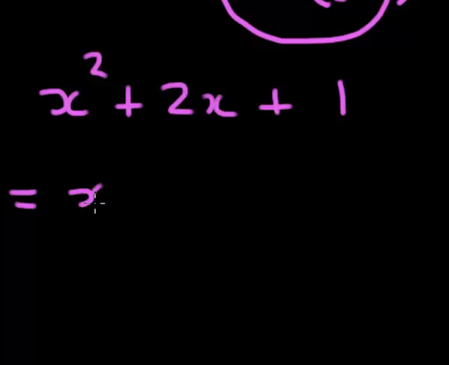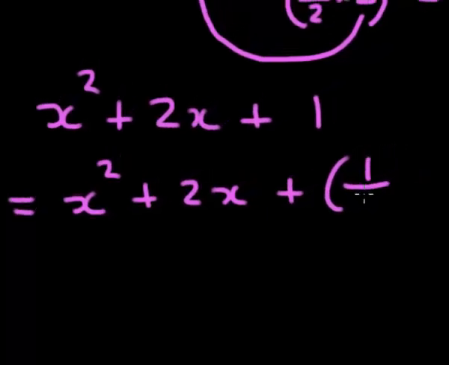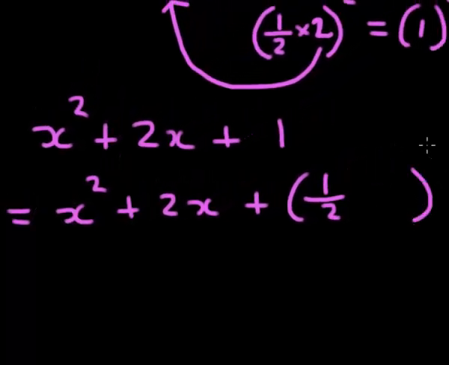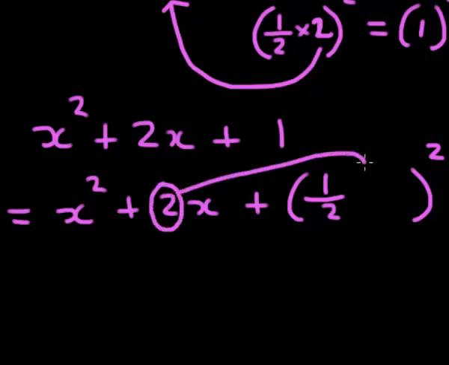If I write x squared, so let's summarize this, 2x. If I rewrite 1 as a half squared, whatever this guy is there, the coefficient of x, if I put him into here, there he is, I put him in there.